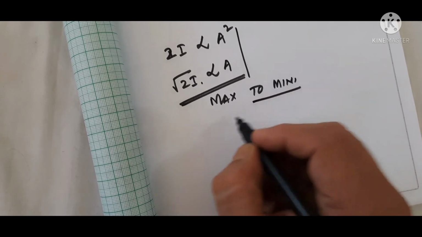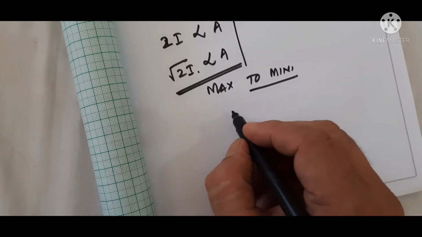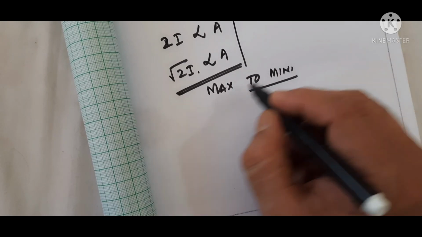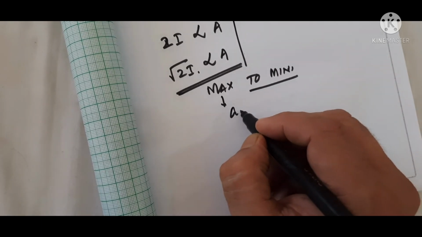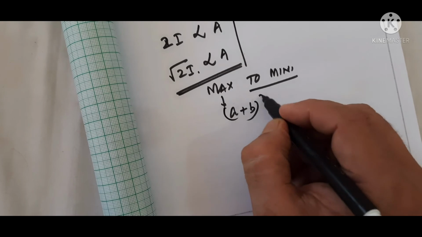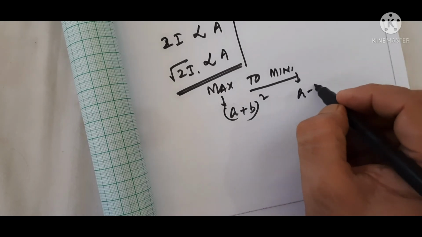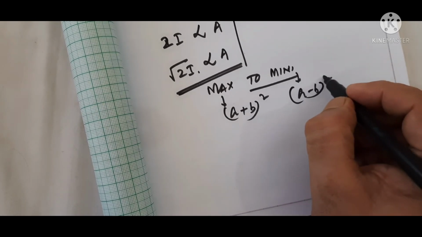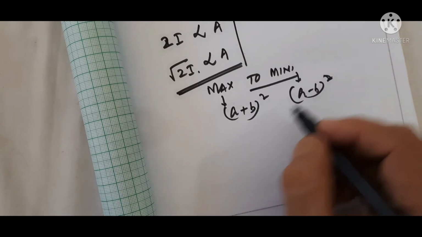So how to find that? We know that if the amplitudes are there, the maxima condition is amplitude of the first one plus the second one, whole square. For the minima, a minus b whole square. a and b are the two individual amplitudes.